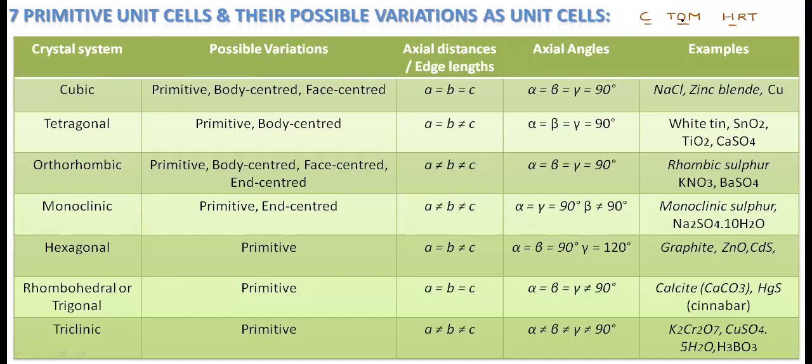It is C Tom HRT: C for cubic, T for tetragonal, O for orthorhombic, M for monoclinic, H for hexagonal, R for rhombohedral, and T for triclinic.